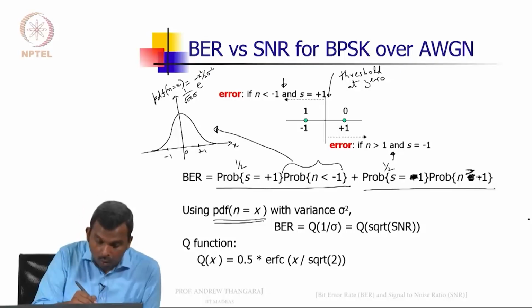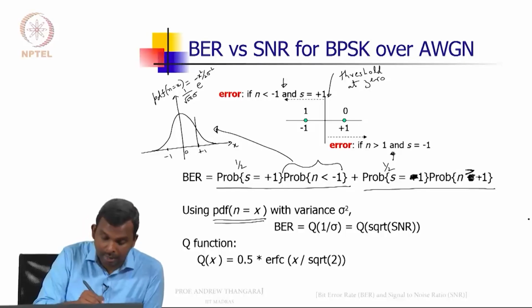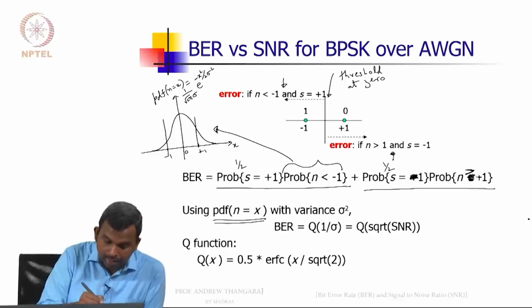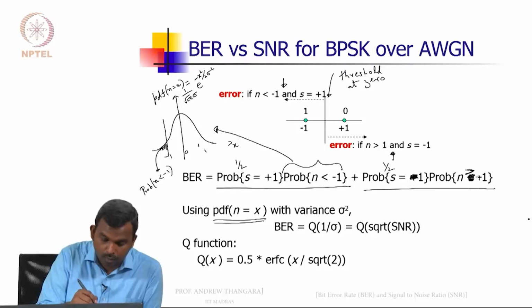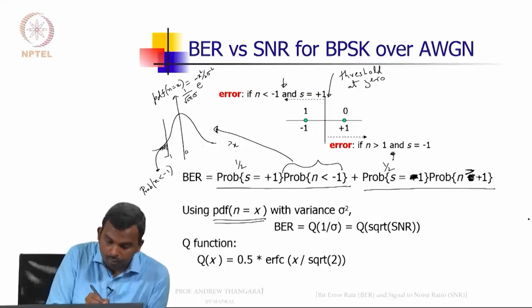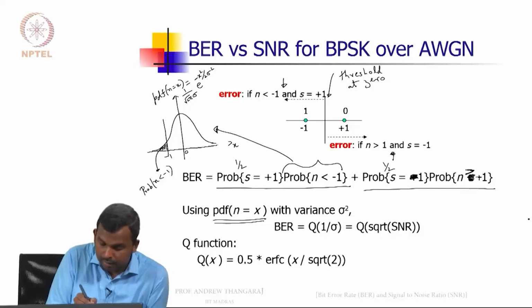Now, what is this probability that n is greater than +1 or less than -1? It is this area. This area is the probability that n is less than -1, and this area, let me redraw this.